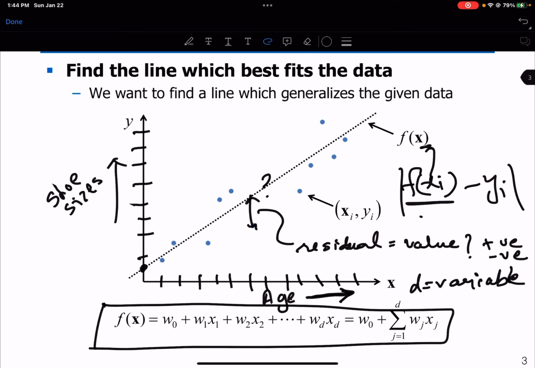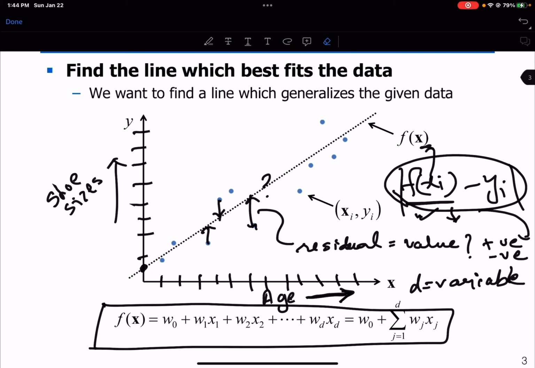For example, if this value is higher, then it will be positive, and if this value is lower, then this value will be negative. So the direction of your residual or your error, at this point this residual will have a positive value, but in this one the original data is larger and your trend line or f of x is smaller, so your residual will be negative.